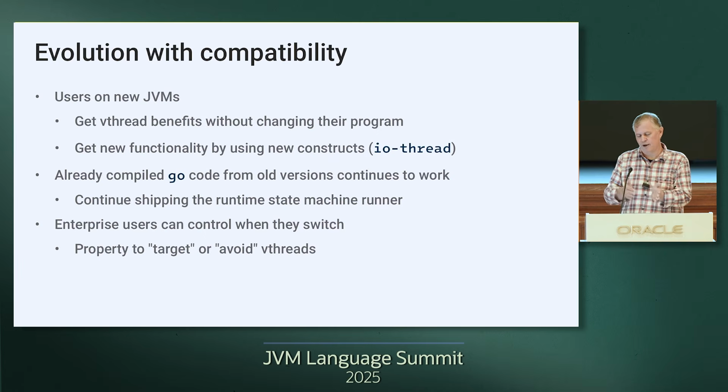For users that are upgrading to new JVMs, we want them to get these virtual thread benefits without changing their existing program. So it was really important not to introduce new flags that they had to set or new APIs that they had to call. If they're using Go blocks now, they continue to work. They have the exact same semantics they had before, but they run on virtual threads now.